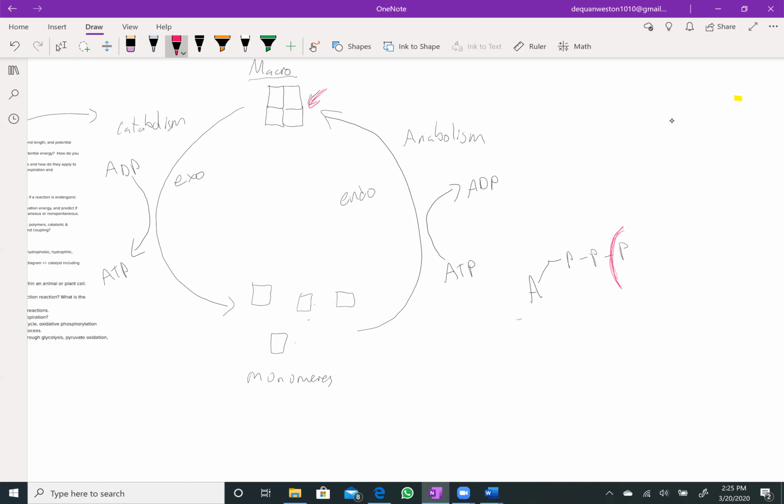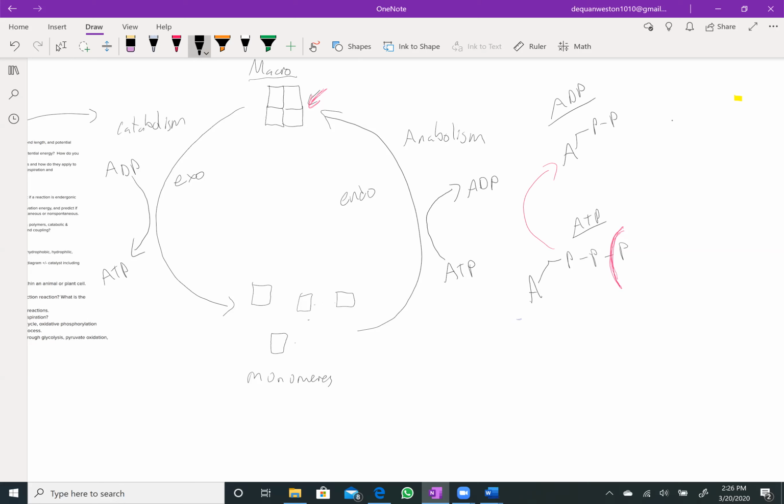So ADP contains more energy than ATP? No, ATP contains more. What this arrow shows is this is ADP, and this is ATP. You have to think of these phosphate bonds, that's a bond as well, and there's potential energy within that bond.